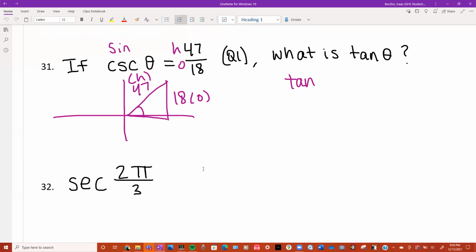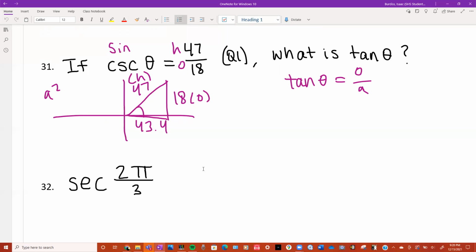The tangent of an angle is opposite over adjacent. You don't know adjacent, but how do we find it? Pythagorean theorem. And I'm not going to go through that right now, but you would do 47 squared minus 18 squared. That is 1885. Square root of 1885 is, for time's sake, we'll just round 43.4.